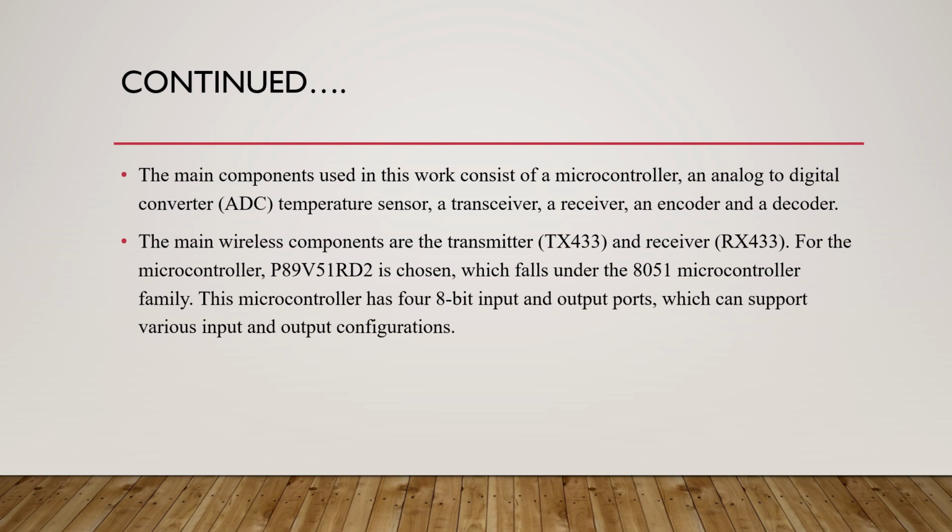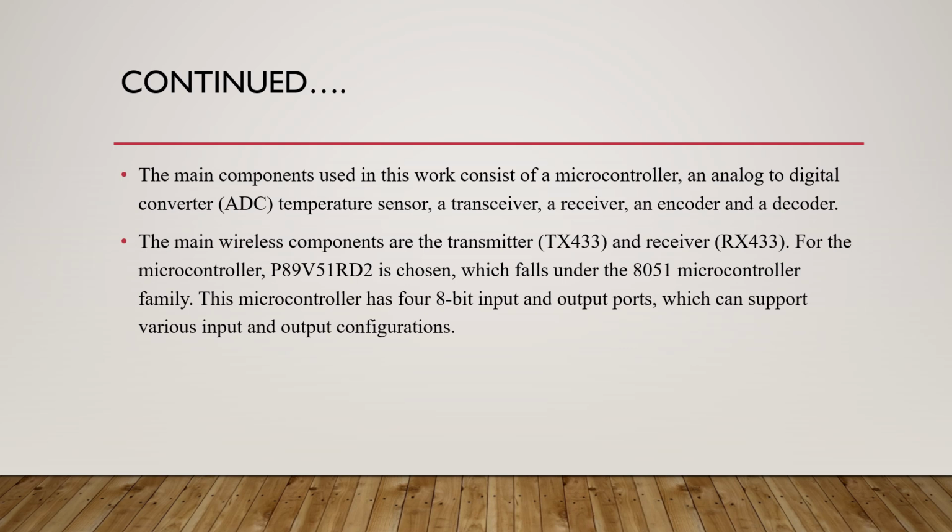So let us see how it works. The main components used in this model are a microcontroller for the software simulation, an analog to digital converter, which converts the analog to digital data, a temperature sensor, transceiver, receiver, encoder and decoder.